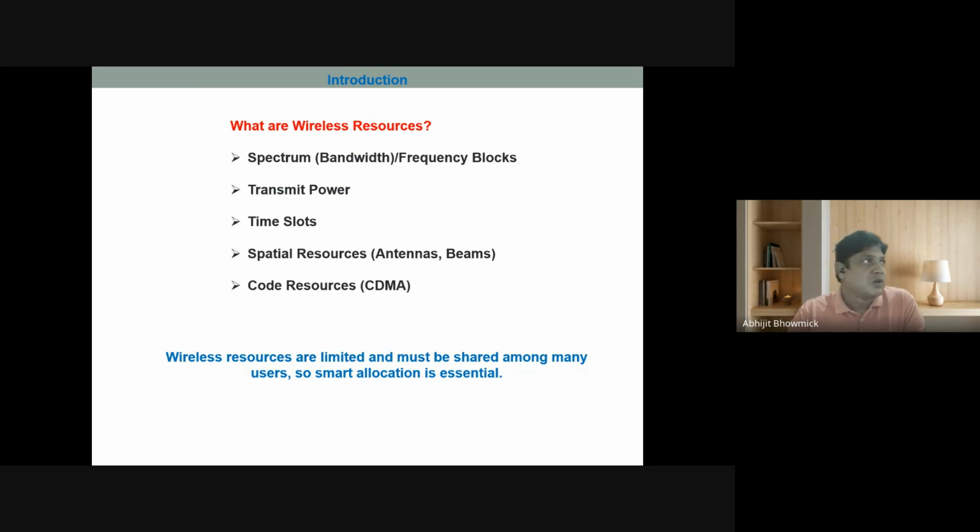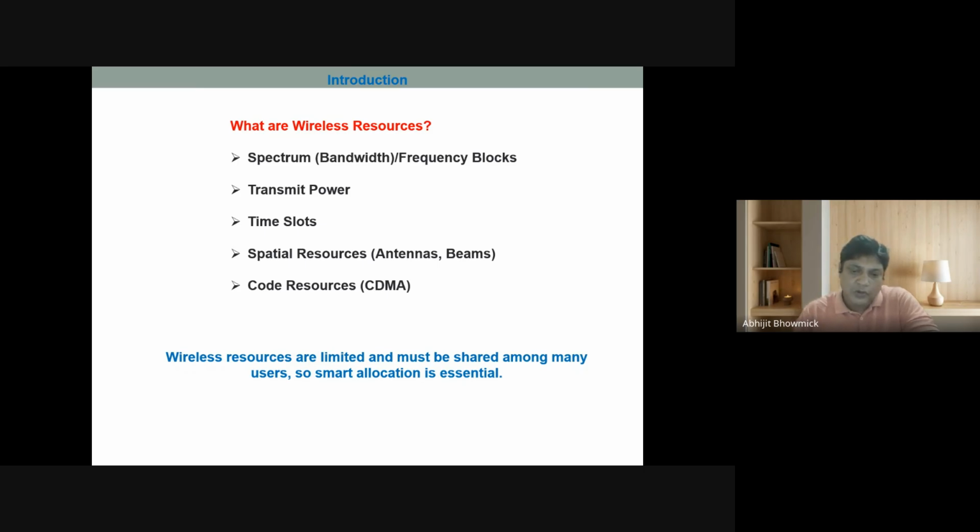Say today a Wi-Fi is 2.4 GHz. Sub-6 gigahertz band is approximately 1 to 8 gigahertz. If we think about GSM bands, it is a 900 megahertz band. Now, the spectrum band and the frequency block have a little bit of difference.